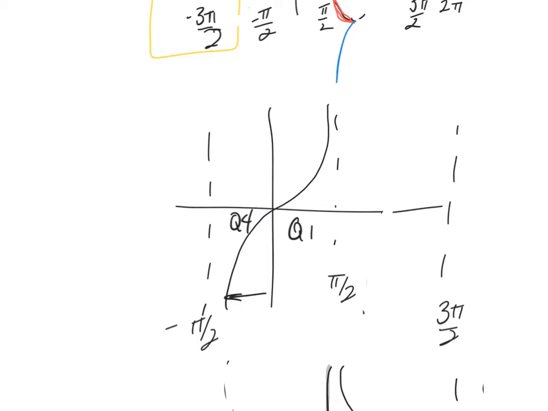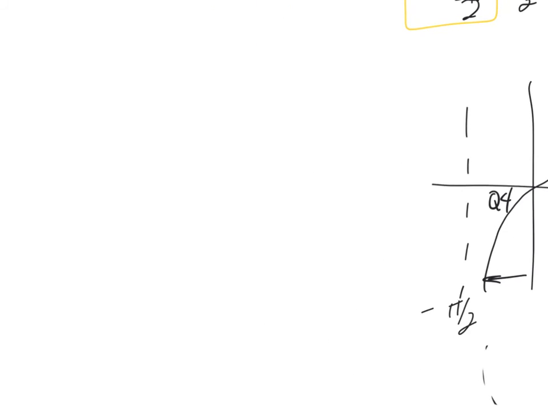And this is terribly important. The reason this is terribly important is because when we start doing inverses, if I want to find the tangent inverse of, say, negative 1, where is this negative? Well, tangent is negative in quadrant 2 and in quadrant 4.